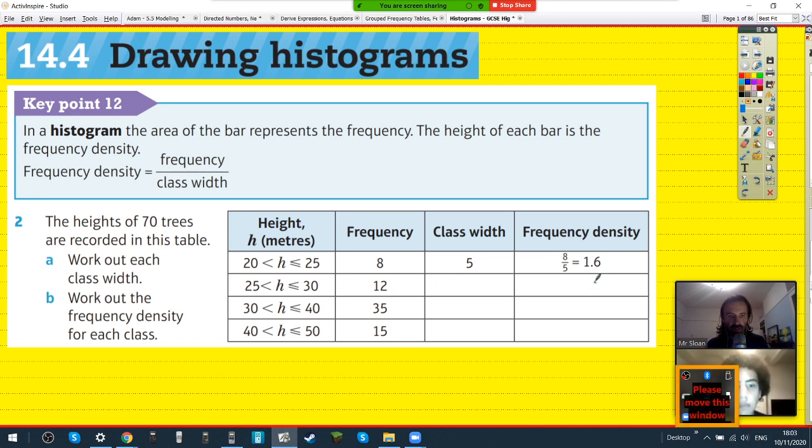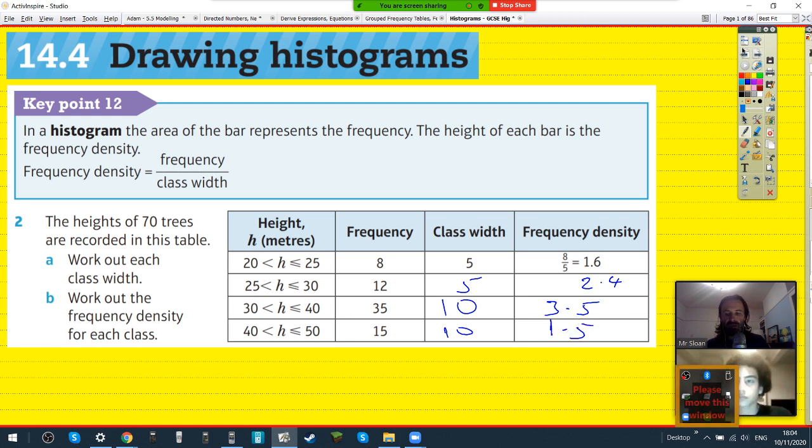That's the frequency density. You're getting ahead of yourself, just the class width. The class width is 10, so 35 divided by 10 is 3.5. Class width is 10 again, and the frequency density is 1.5.